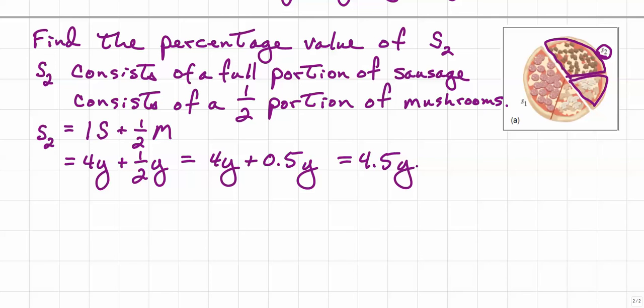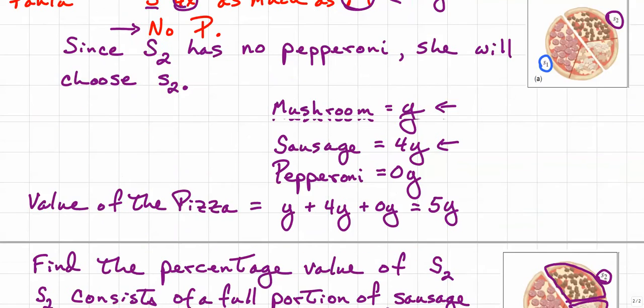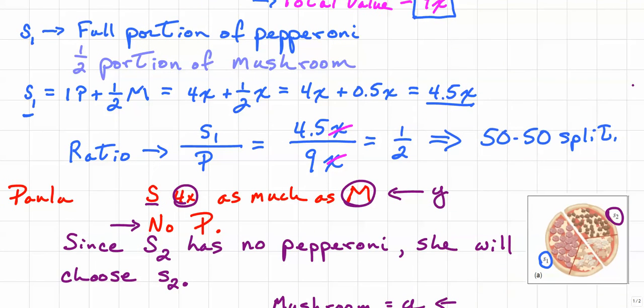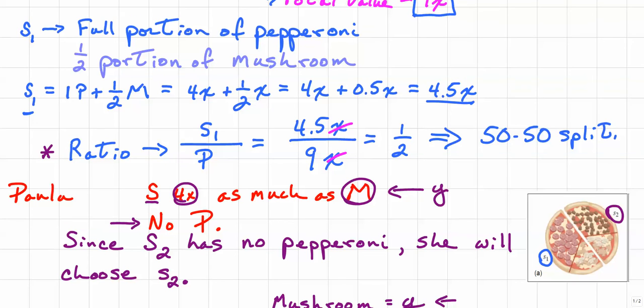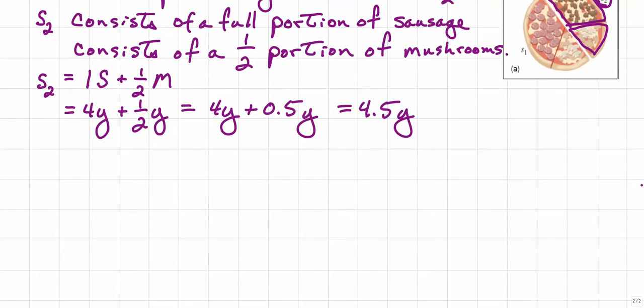Now we're going to do the same kind of ratio that we did previously. Let me scroll back up so we can look at that. We found the ratio by taking the value of side 1 over the full pizza, and we're going to do that here also.